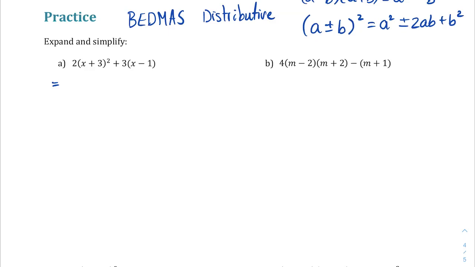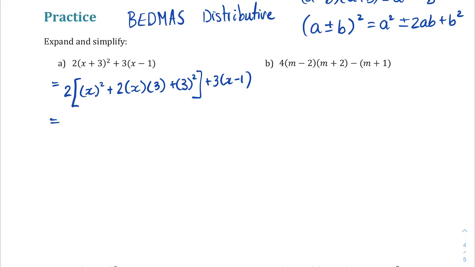Okay, A. Let's take care of the exponents. So let's open up some brackets here. x plus 3 squared will be the first term squared plus 2 times the first term times the second term plus the second term squared, close your brackets, plus 3x minus 1.